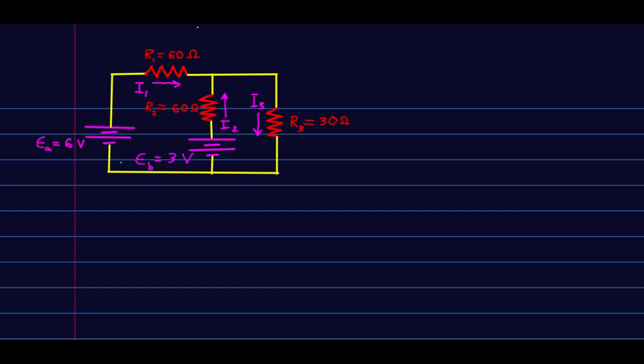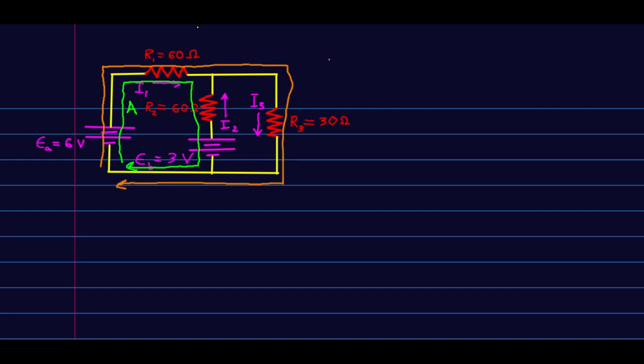So in fact, I'm going to write this loop, which I'll call loop A, and I will write the big loop all the way around like this, and I'll call that one B. Now I have 3 currents to solve for, and that gives me only 2 equations, so I'll also have to do a junction, so I'll do this junction, which I'll just label alpha, so I have a name for it.